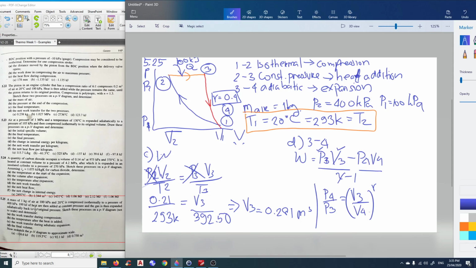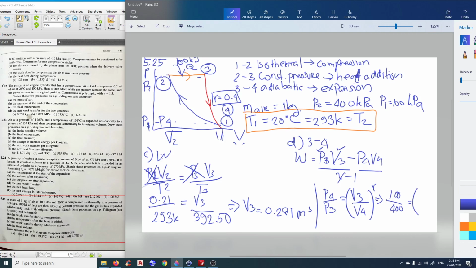So P4 is 100. Remember, P4 and P1 are the same. So P1 and P4 is 100. P3 and P2, they are the same, which is 400.